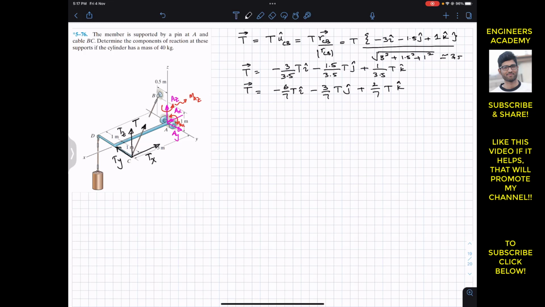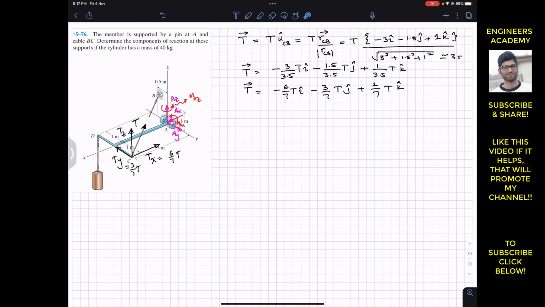Now we know that Tx is minus 6 divided by 7 T, where the magnitude is 6 divided by 7 and the minus sign tells us the direction. Again, the Ty magnitude is 3 divided by 7 T, and Tz is 2 divided by 7 T. So now we know all these components, given in terms of T.